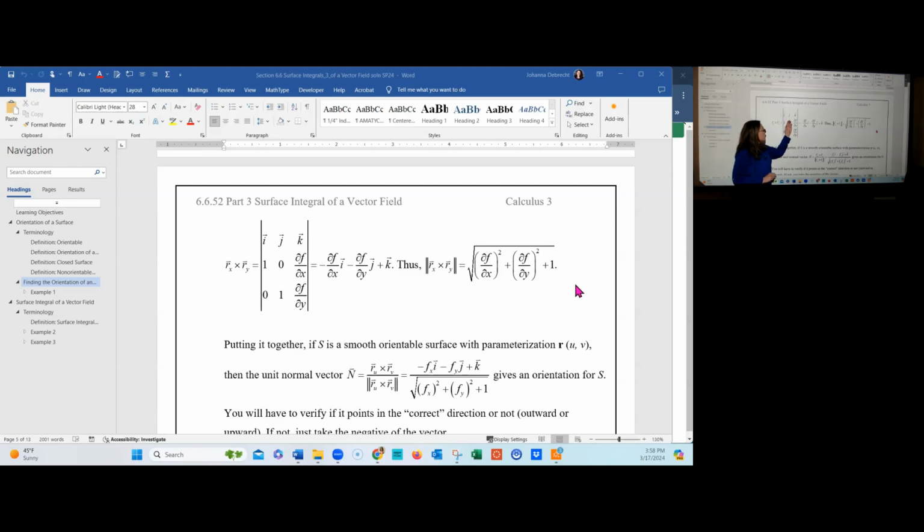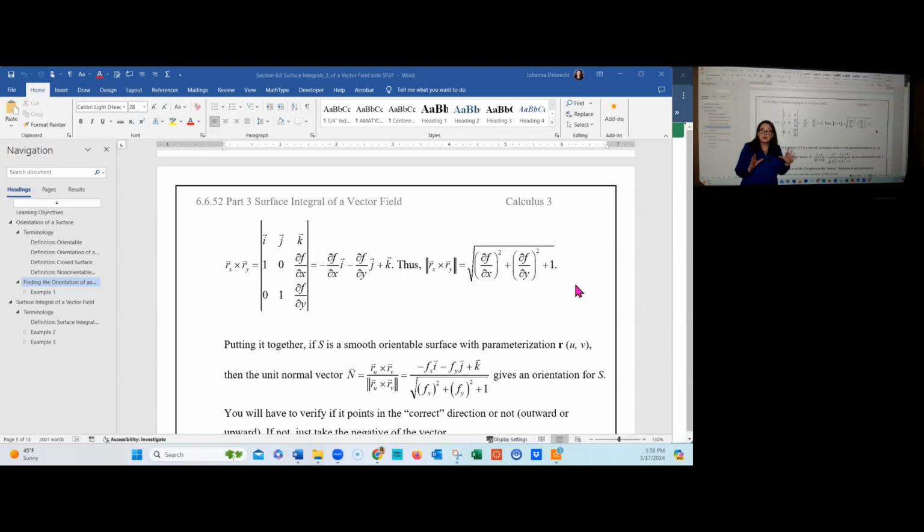Then we mark out column 2, and because j is in the first row, second column, an odd position, we get a negative multiplied by 1 times the partial of f with respect to y, which gives me negative partial of f with respect to y in the j hat direction. Finally, we mark out column 3, and the 2 by 2 determinant would just be 1. That gives us plus 1 in the k hat direction.